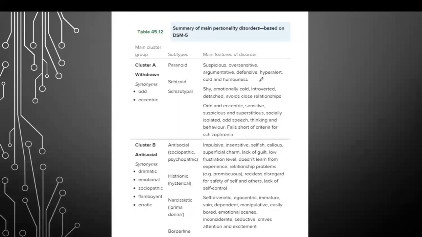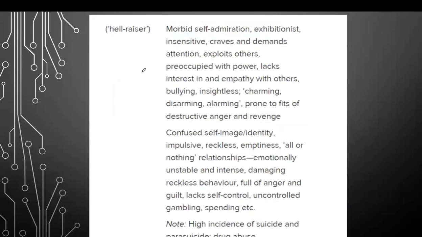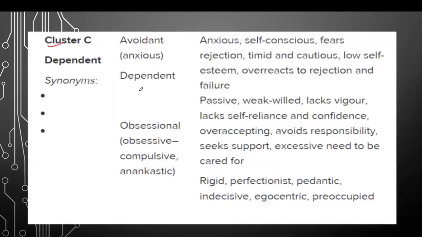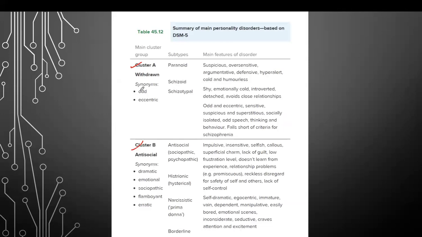Let's start. For personality disorder, we have cluster A, cluster B, and cluster C. Different people are born with different personalities, and throughout their development, social and environmental interactions change their personality into a single personality, right?